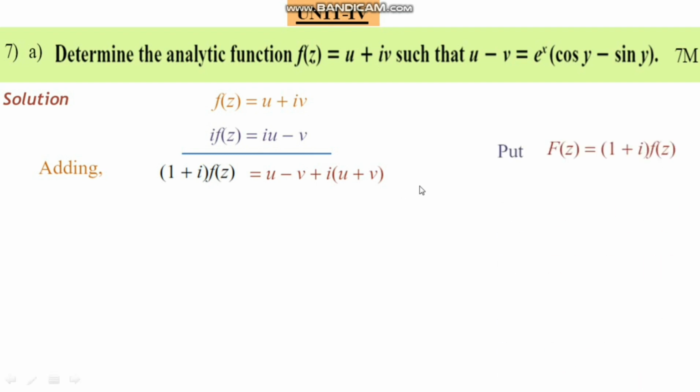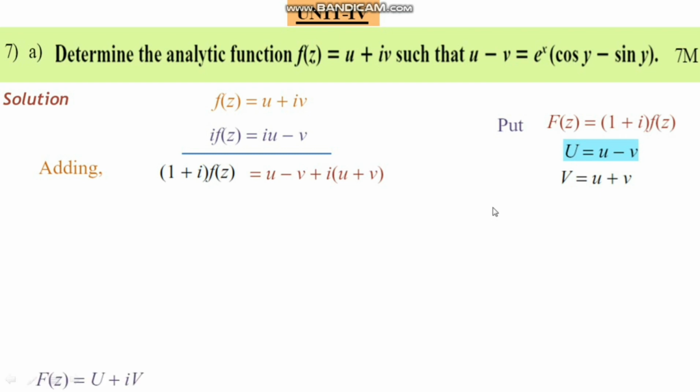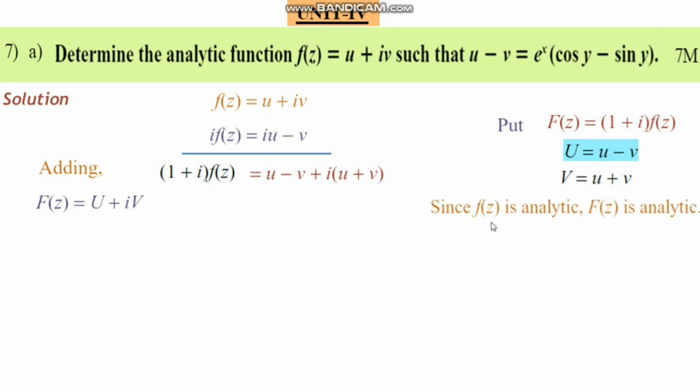Let us assume that (1 + i) f(z) is capital F(z), u − v equals capital U, and u + v is equal to capital V. Therefore, this resultant function is in the form F(z) = U + iV. Since f(z) is an analytic function, (1 + i) f(z) is also an analytic function.